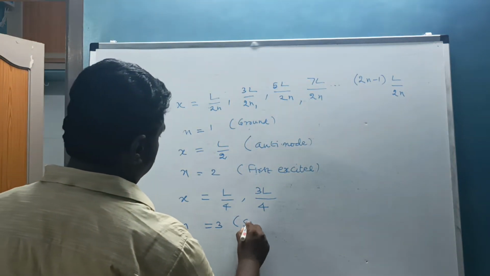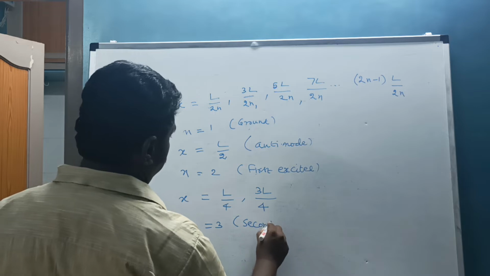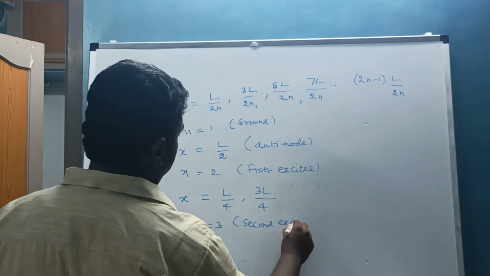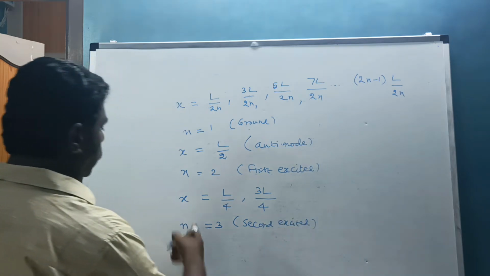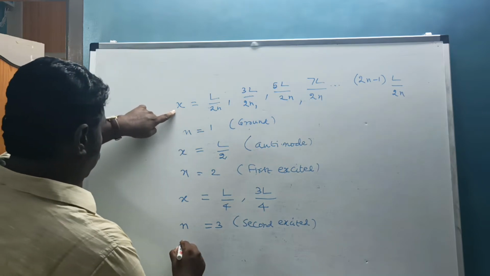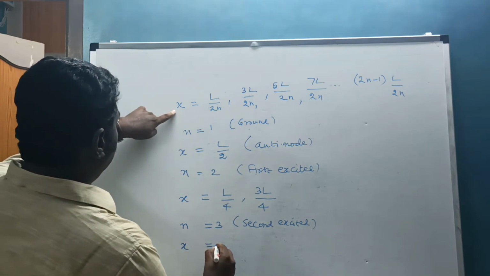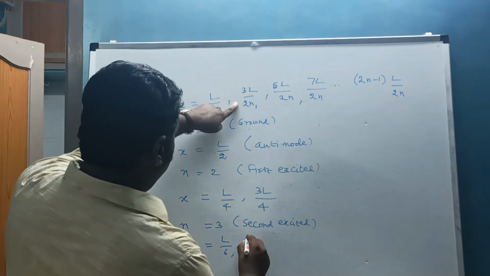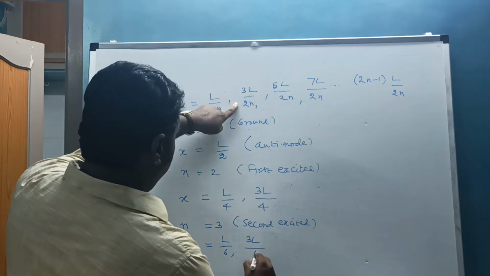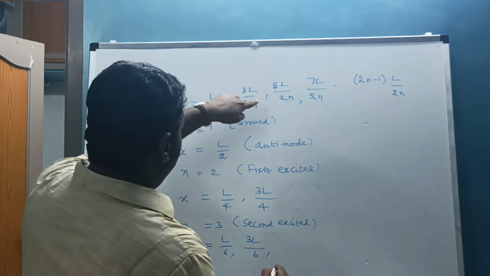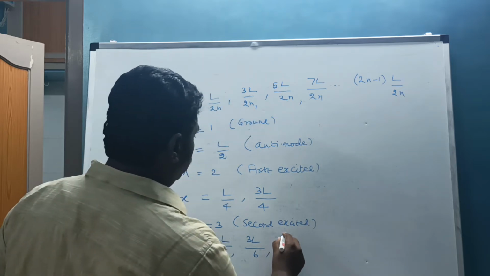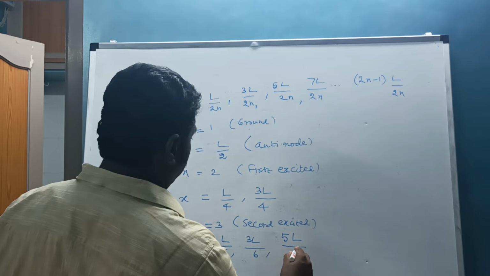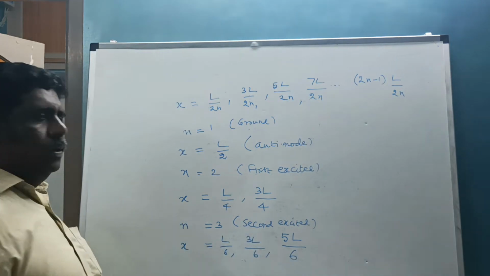This is second excited state. We can get three antinodes. Say x equal to L divided by 6 is one antinode, then 3L by 6 is second antinode, and the third antinode is positioned at 5L divided by 6.